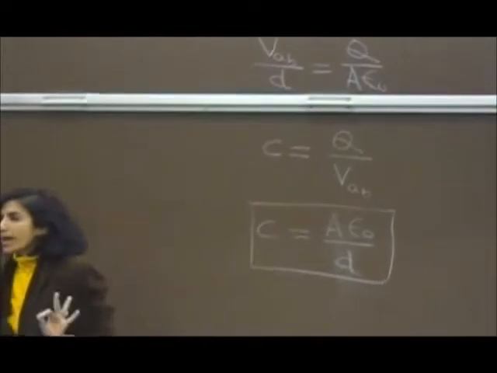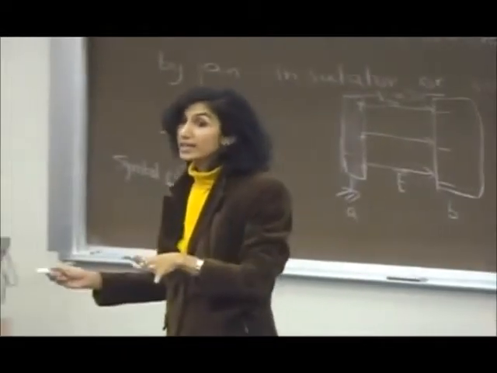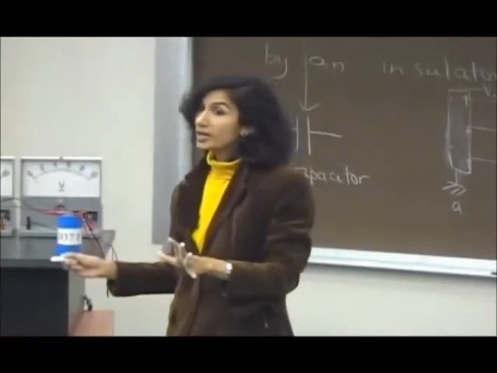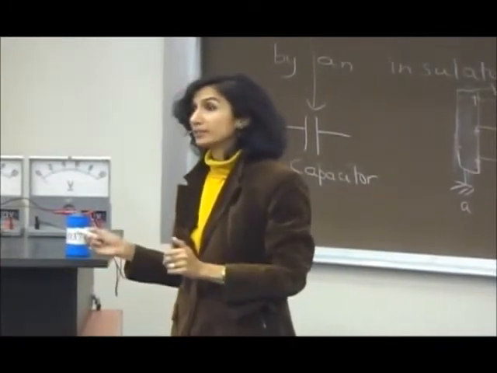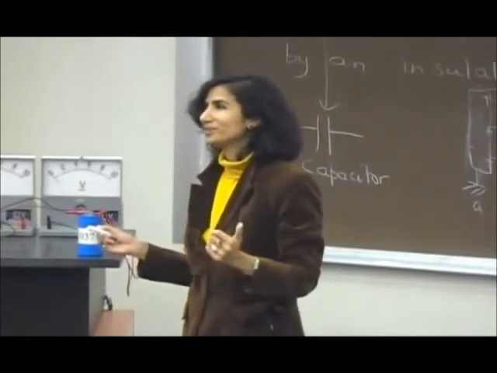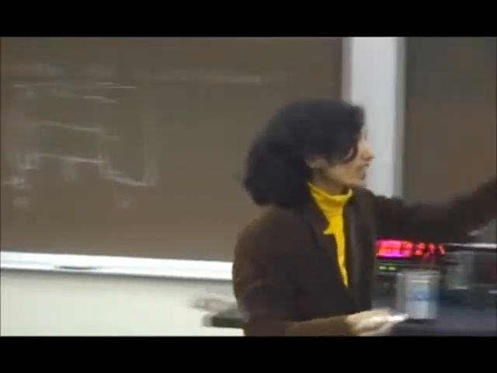Notice capacitance of the capacitor does not depend upon Q or V, it depends upon the area of cross section and the distance between the plates, right? And this is what you would have expected, because this capacitor has a fixed capacitance.